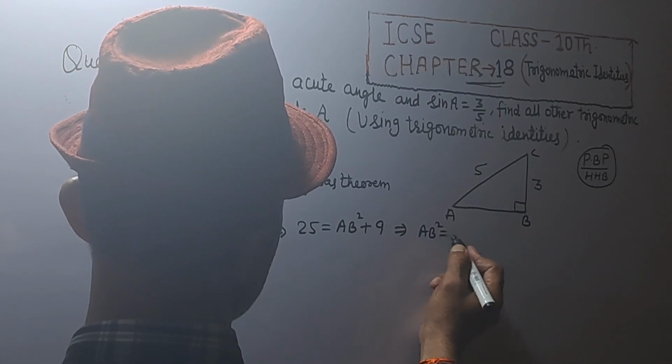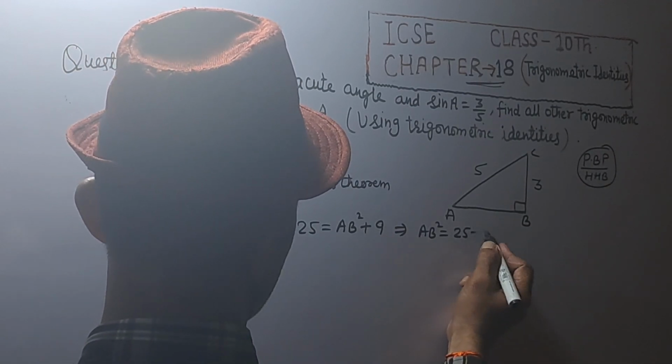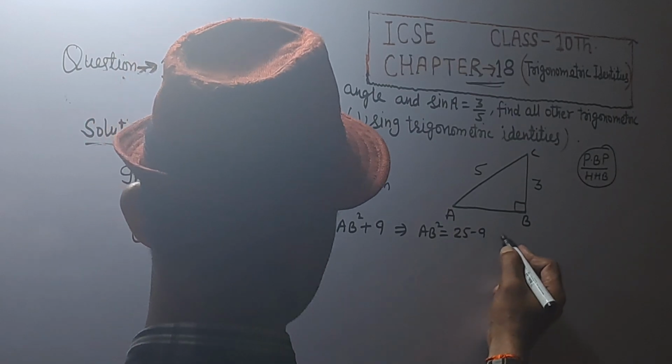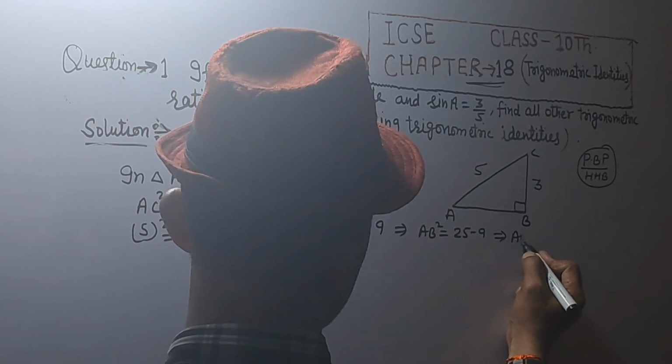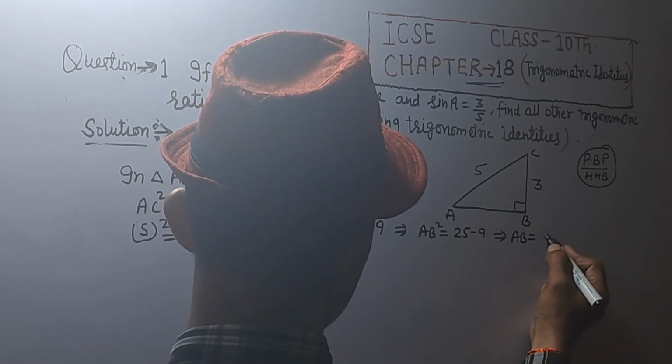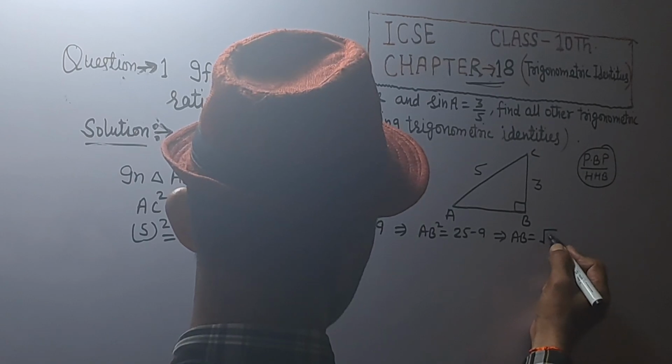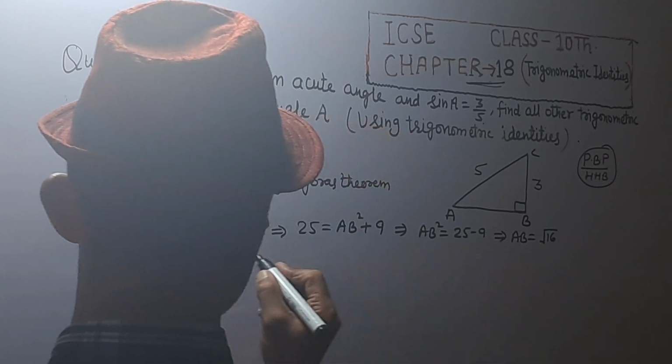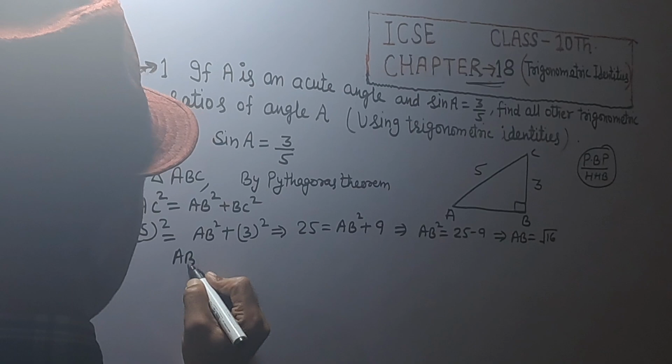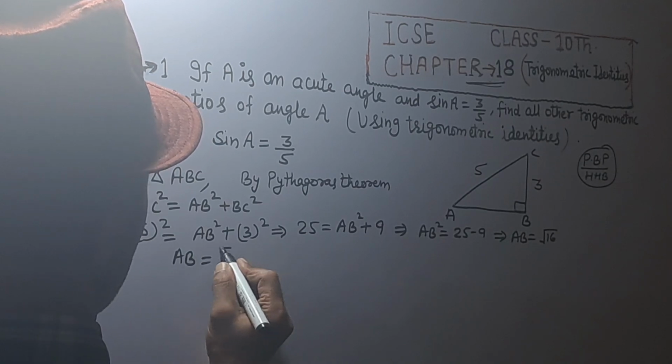So AB square is equal to 25 minus 9. AB is equal to root 16. So AB is equal to 4.